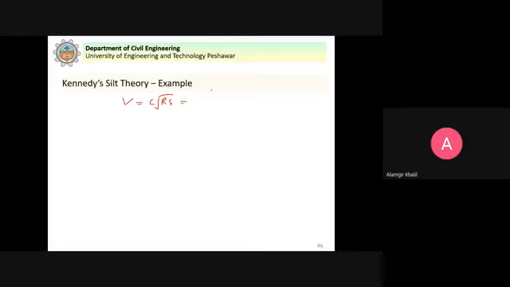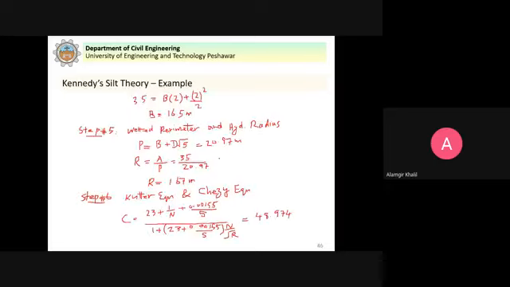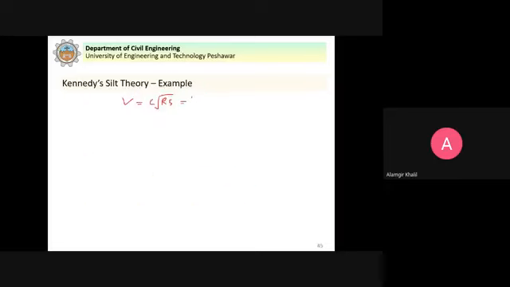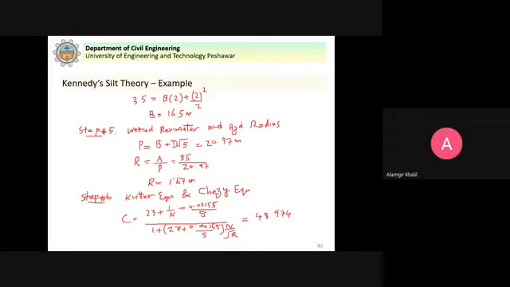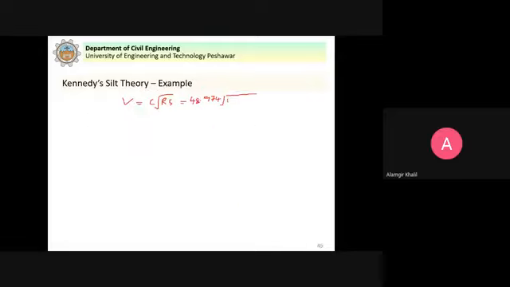C we just calculated as 48.974, R we have calculated as 1.67, and the slope is 1 in 5,000.